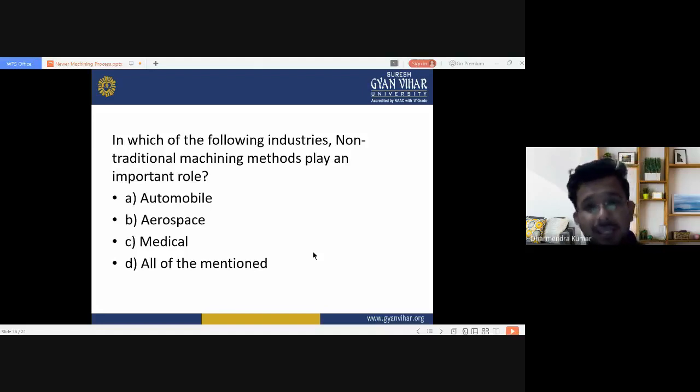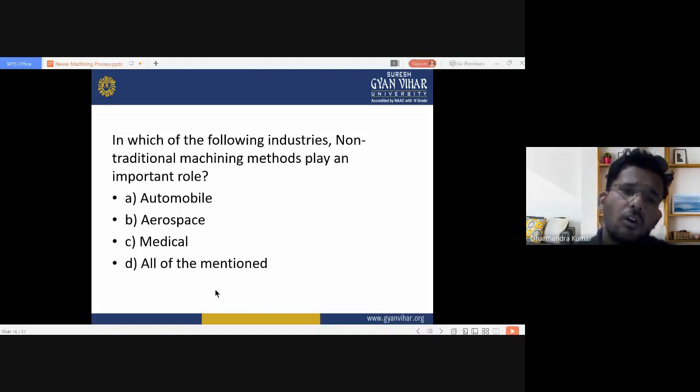Whether it is the automobile industry, the aerospace industry, the medical industry or any manufacturing unit, small to big, all of these use non-conventional machining for better surface finish, better quality, and a higher rate of production. Then our answer is D, all of the mentioned.